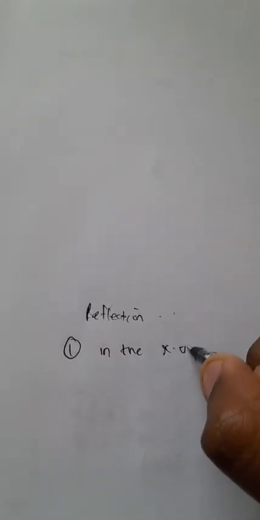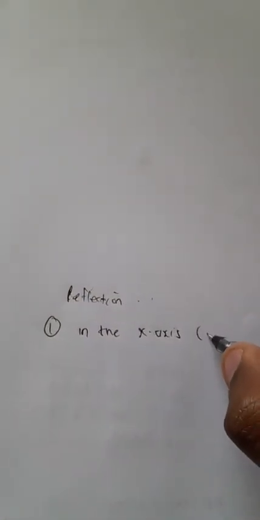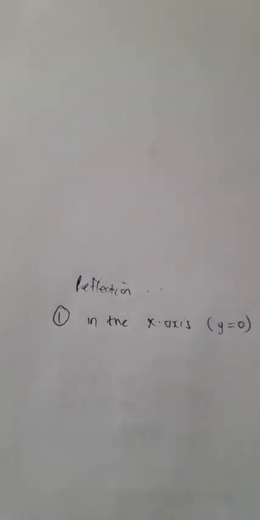Secondly, there's this thing called reflection. The reflections that we have is in the x-axis. We have reflection in the x-axis. Now, they can trick you and say in the line y is equal to 0.